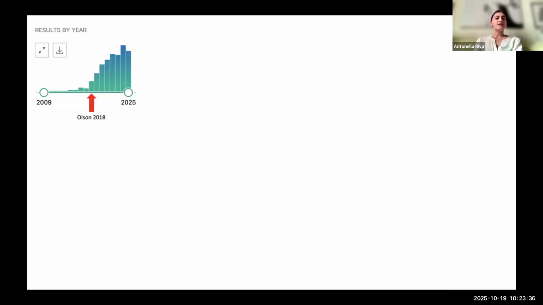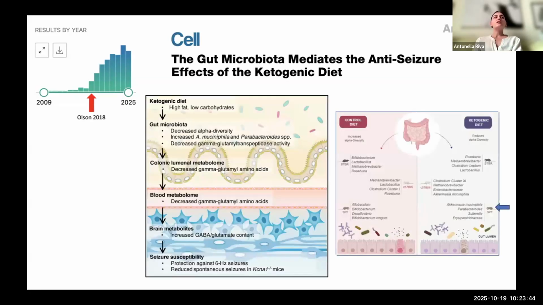But speaking about it, and in particular the ketogenic diet, where we can put the turning point, I think that the turning point is the work from Olson, which was published in Cell in 2018, where the authors revealed that the effect of the diet, which is known for being helpful in drug-resistant epilepsy, is through a modification locally of the gut microbiota, with an increase in abundance of Akkermansia and Parabacteroides.